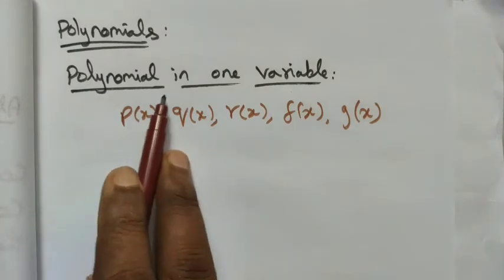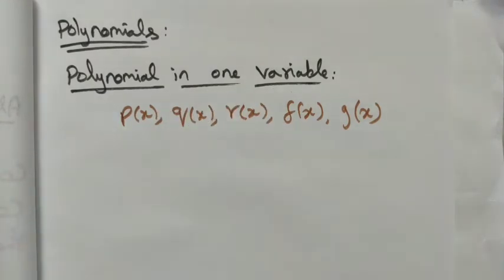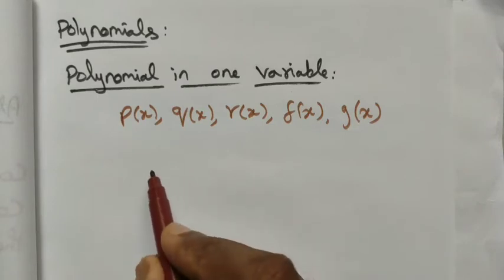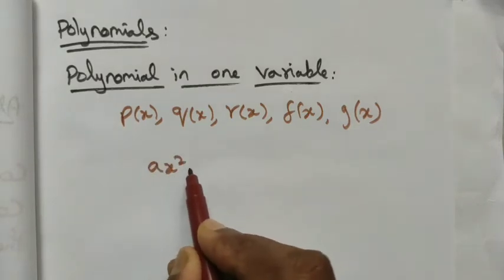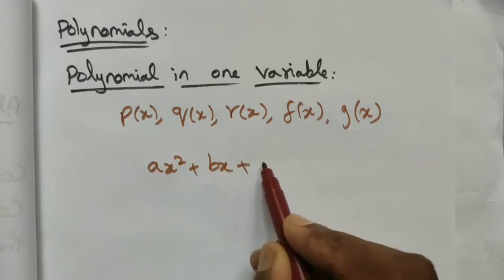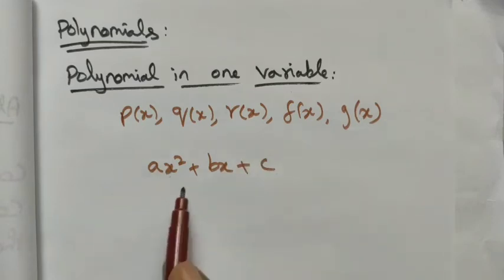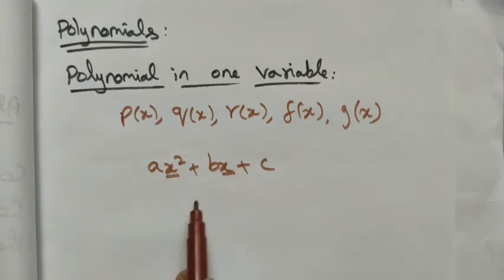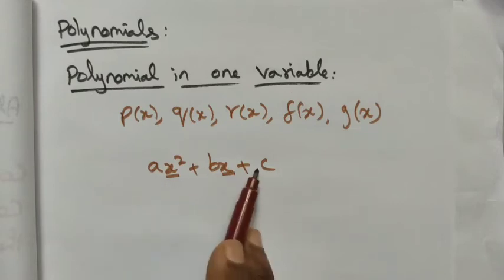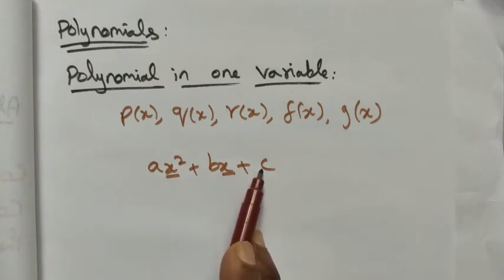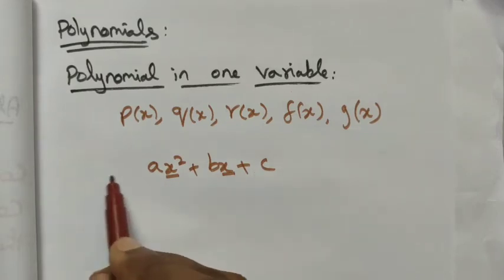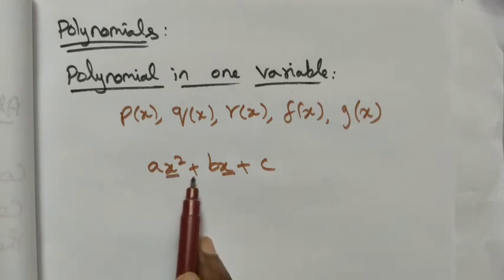Polynomial in one variable means the term having a single variable, that is ax square plus bx plus c. Here x is the variable and a, b, c are the constant values, right? In general, we use ax square plus bx plus c.